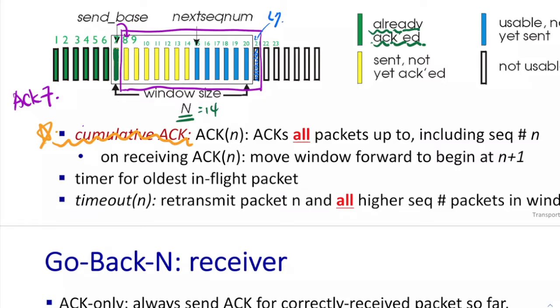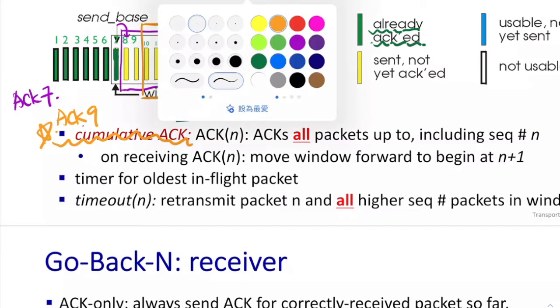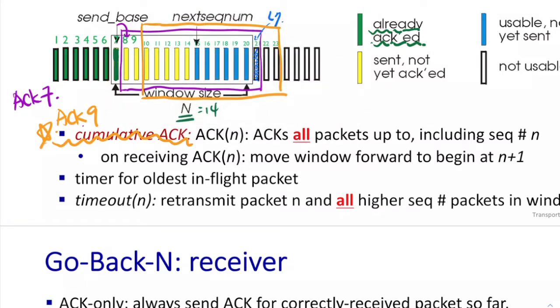If at this moment we receive ACK number 9, it means the receiver has received all the packets before number 9, including number 9. So the sender knows, okay, I received ACK number 9. So basically we can move the window to here because number 9 and all the packets before number 9 have already been acknowledged. That is the definition of cumulative ACK.